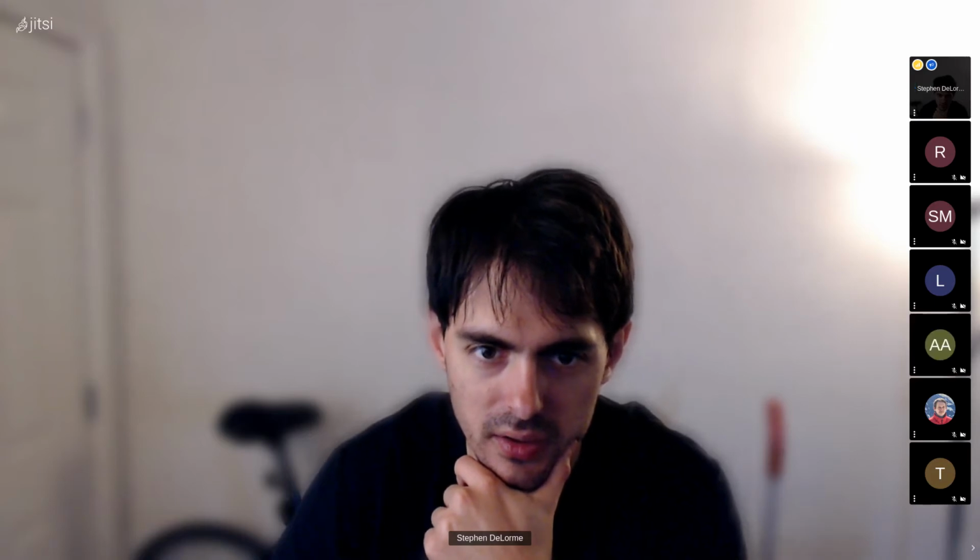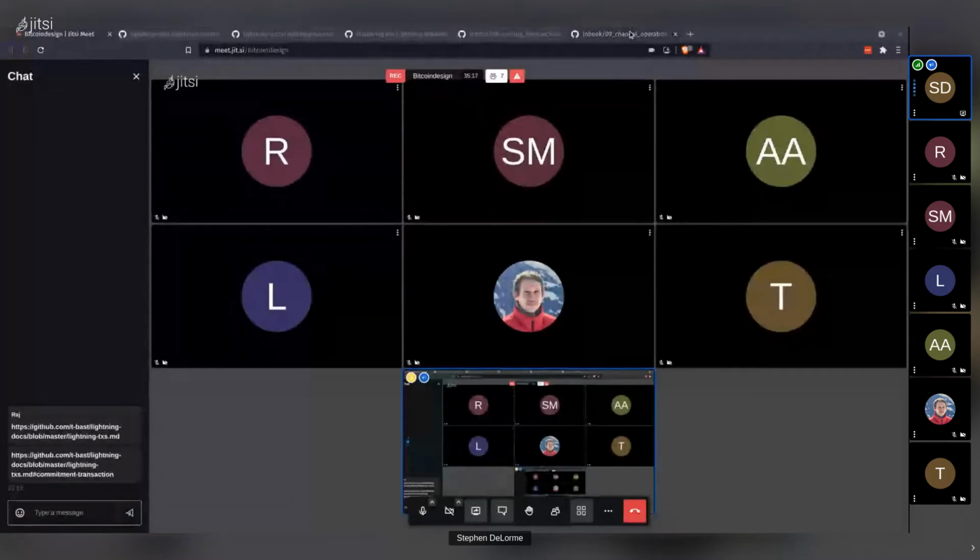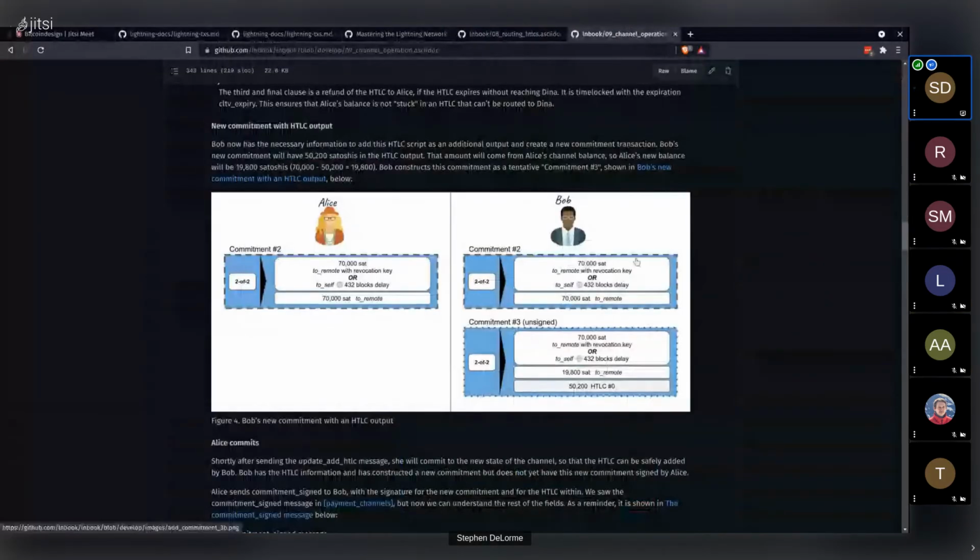Okay, I think I see where I'm not understanding this. Let me repeat this to make sure I understand it. This example with Alice and Bob is a much simpler example where Alice is just sending to Bob.